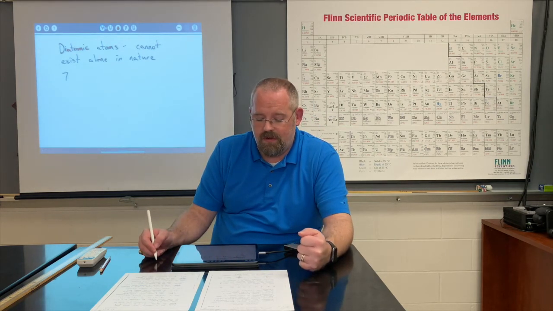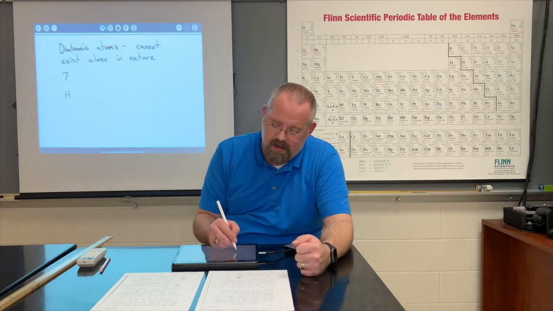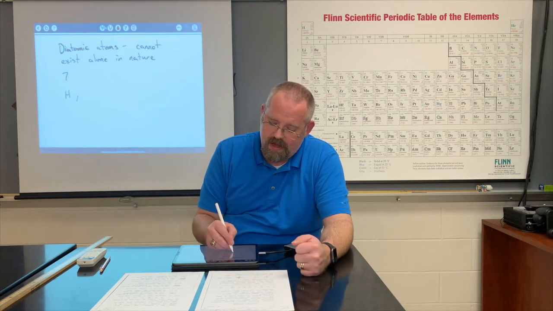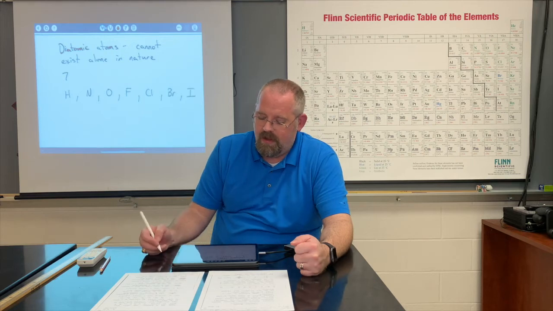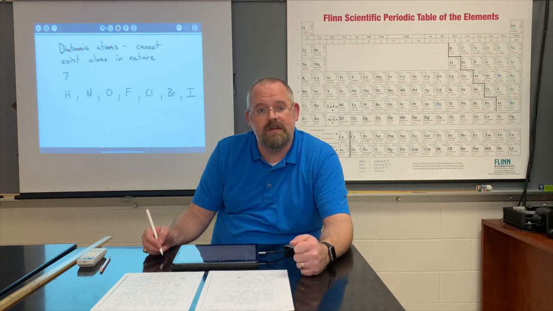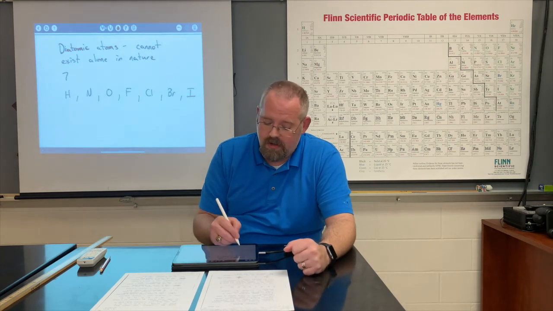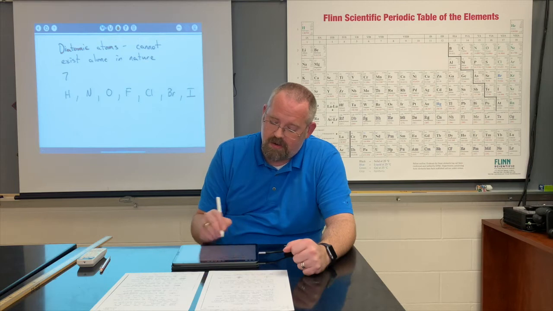Now, what I mean is, if you find any of these elements, hydrogen, nitrogen, oxygen, fluorine, chlorine, bromine, or iodine, if you find any of these atoms, you will actually never find a single solitary atom in nature. They will always be paired with something.